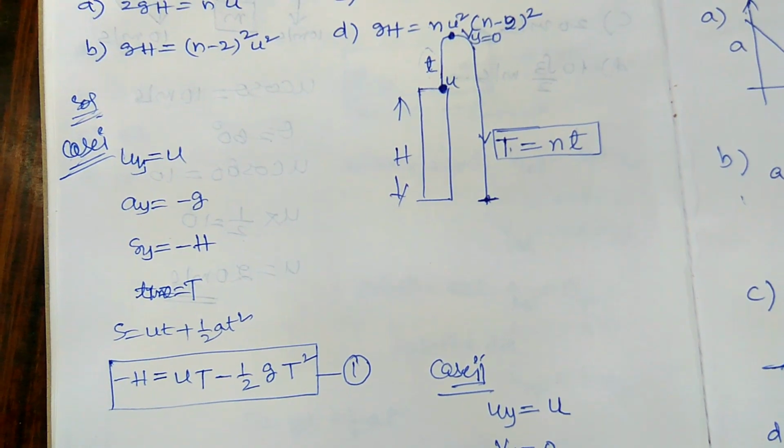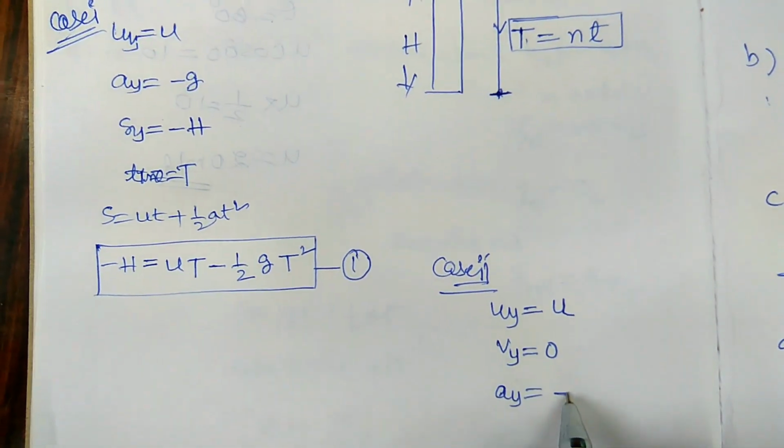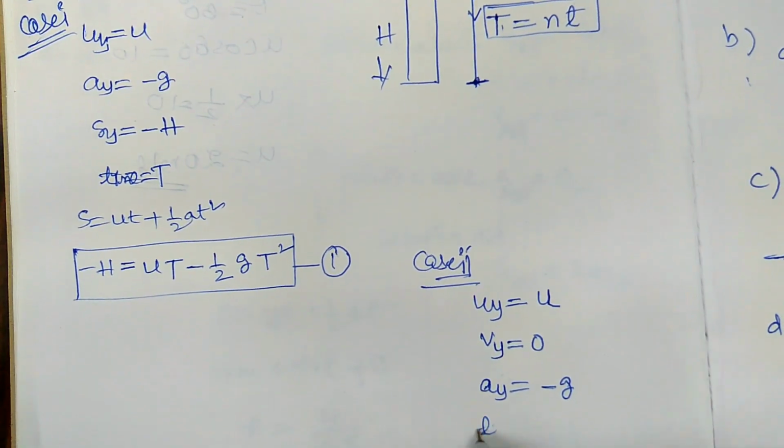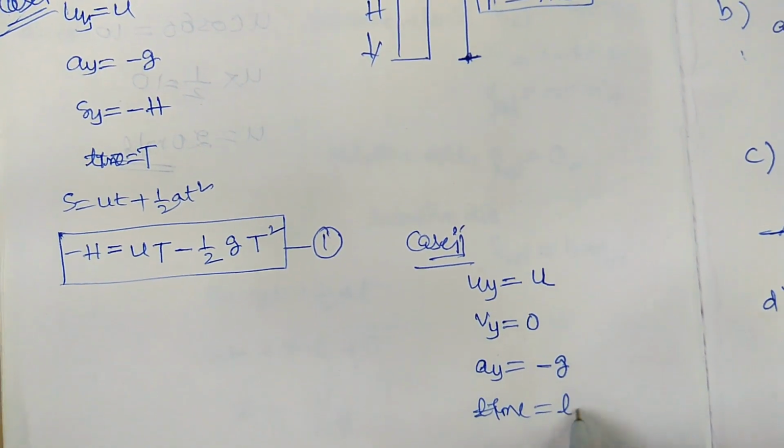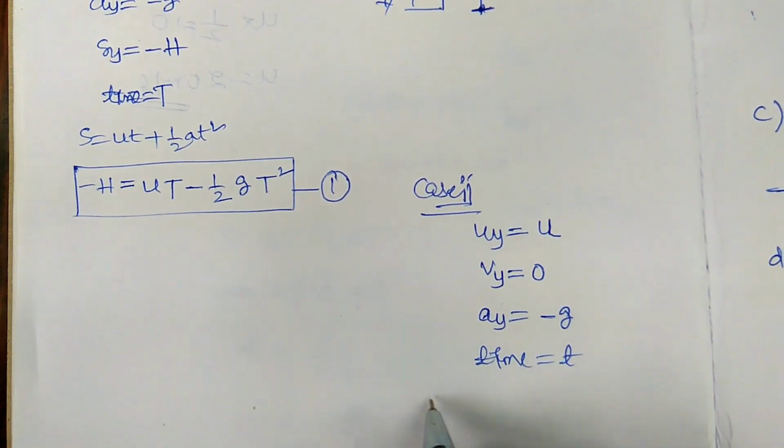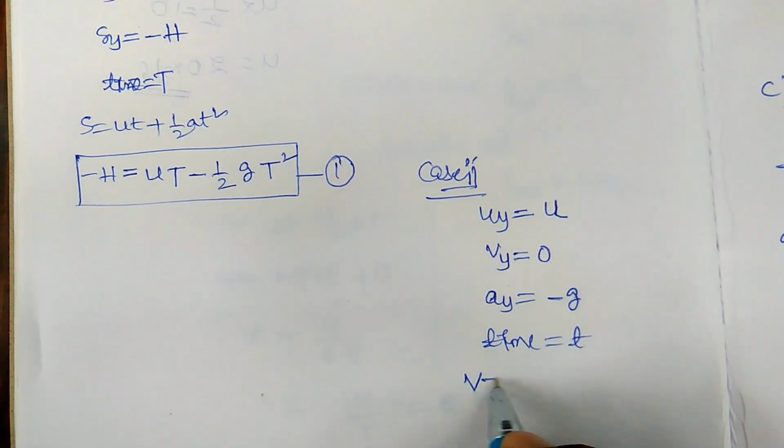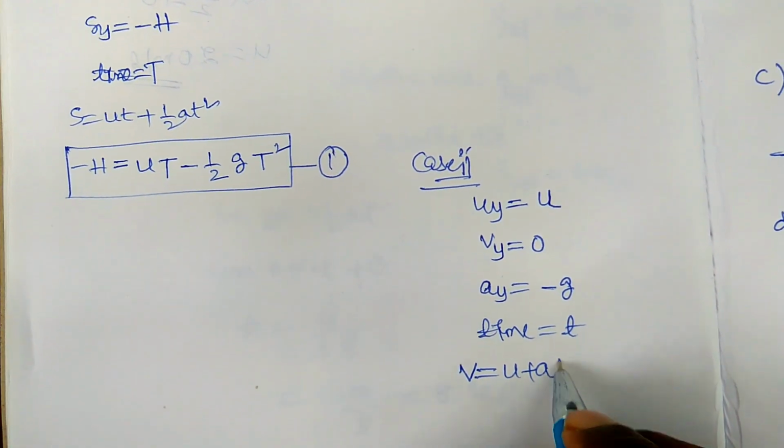The acceleration along the y axis is minus g, and the time is small t. Using the laws of equations of motion, v is equal to u plus at, we can write that.